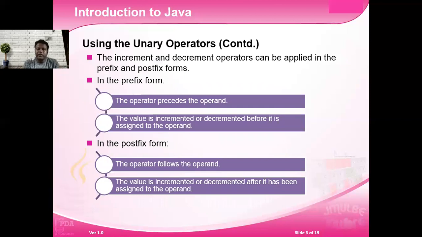The increment and decrement operators can be applied in prefix and postfix form. When the operator precedes the operand, that is, you write plus plus a, that is prefix. Postfix is when you write a plus plus. I'm giving you an example of this.